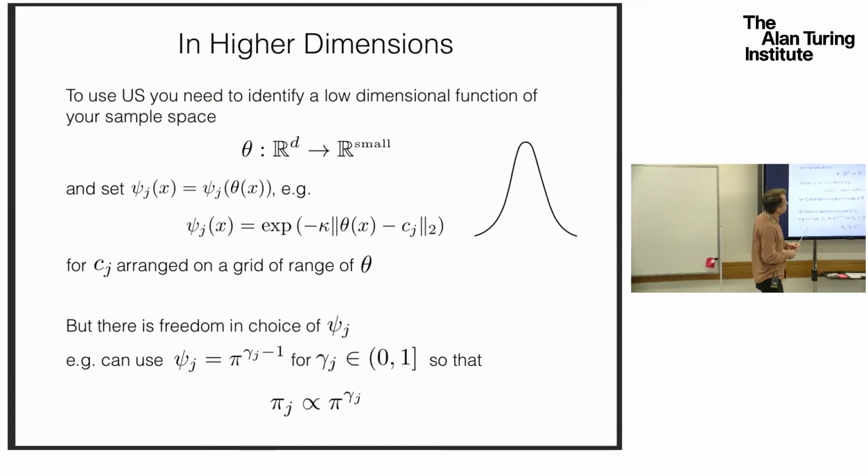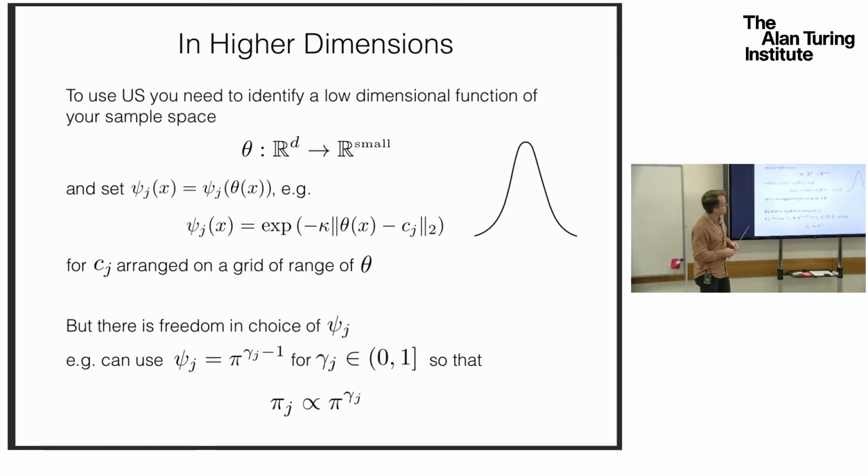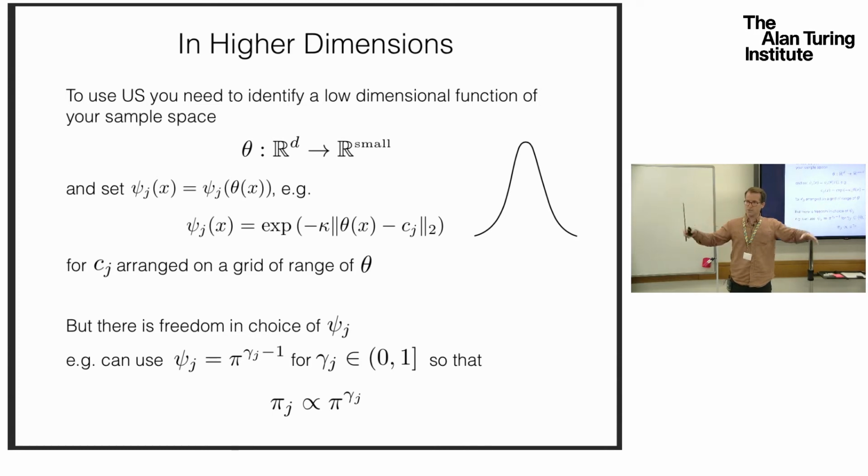So what you have to do, since this is a gridding-based scheme, you can't grid many, many D. So you have to come up with what's usually called a collective variable. It's some low-dimensional, possibly nonlinear projection of your high-dimensional problem into 1 or 2 or maybe 3 dimensions, which you'll then grid.